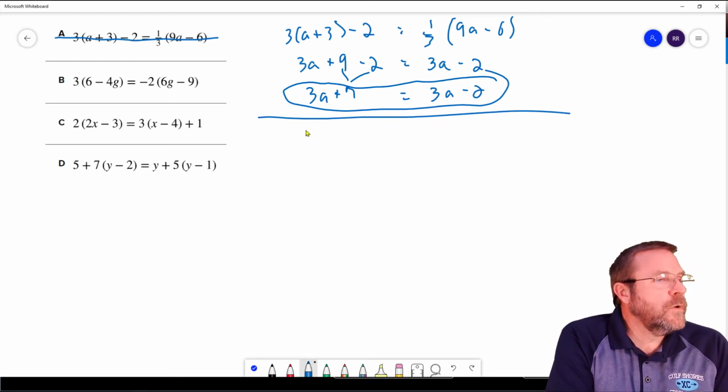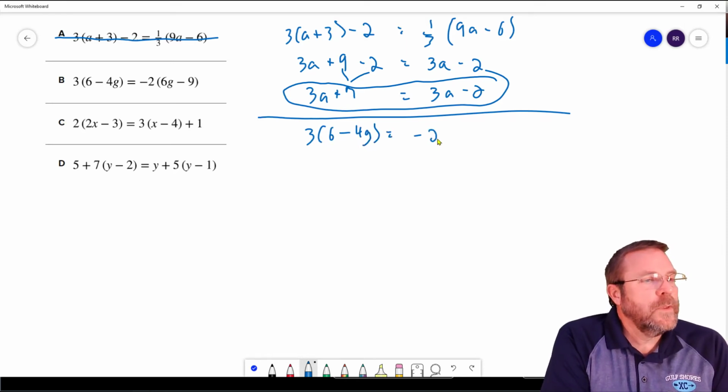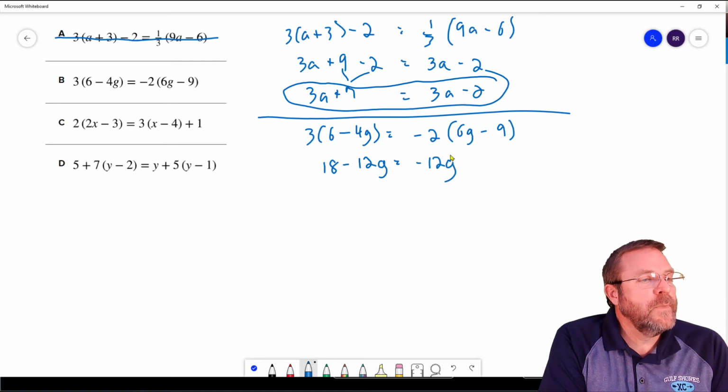Let's try another one. 3 times the difference of 6 and 4g is equal to negative 2 times 6g minus 9. 3 times 6 is going to be 18. 3 times a negative 4 gives me a negative 12g, is equal to 2 times negative 6g, that's going to be a negative 12g, and 2 times negative 9, that's going to be a positive 18.